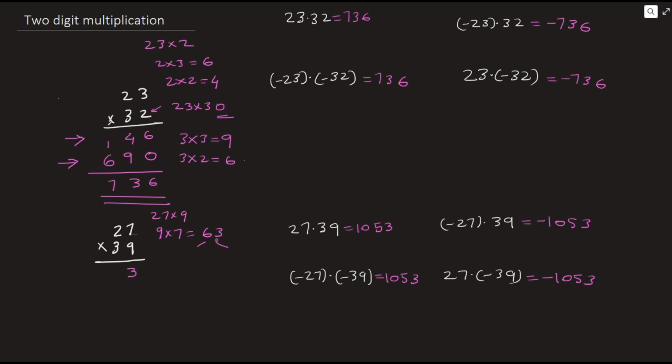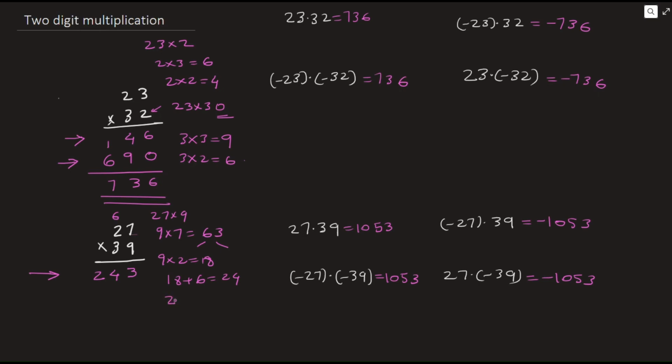But this 6 I carry over here. And then the next is 9 times 2 equals 18. And this carried over 6 I add to 18, which equals 24. So 4 comes in the tens place and this 2 comes in the hundreds place. That is the first partial product.